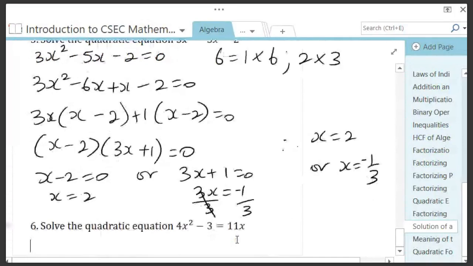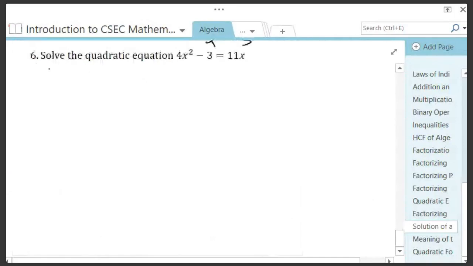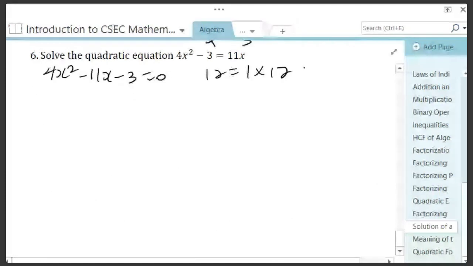Okay, so I'm going to write here that this is 4x squared minus 11x minus 3 is equal to 0. Okay? 4 multiplied by minus 3 is minus 12. All right, so possible products here are 1 by 12, 2 multiplied by 6, 3 multiplied by 4.